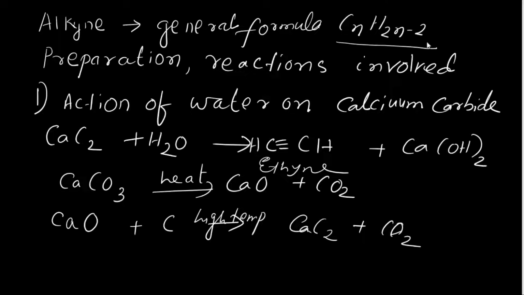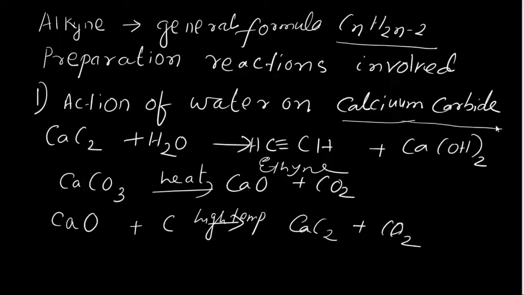And here, what are the preparations? You can observe the preparation and the reaction involved. First, the action of water on calcium carbide. Calcium carbide is an inorganic compound that consists of calcium and carbon, that is CaC2.